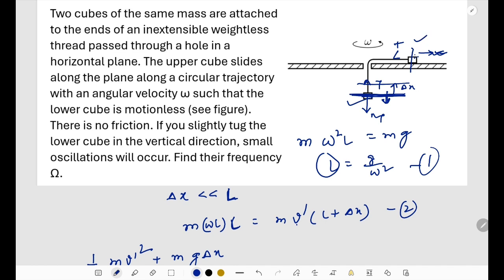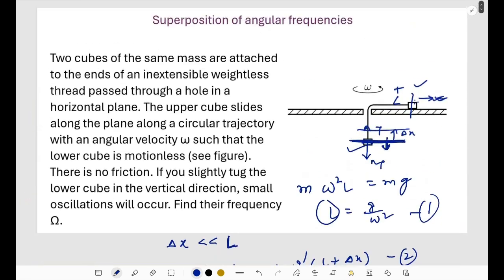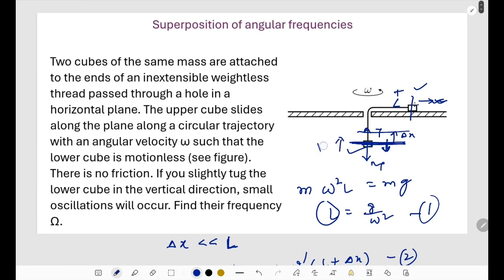Let's call this velocity v, and it was also rotating. Both must have been passing with a speed v.